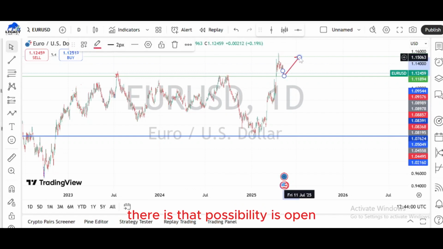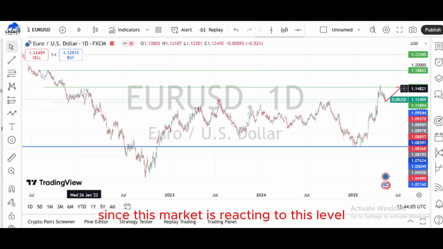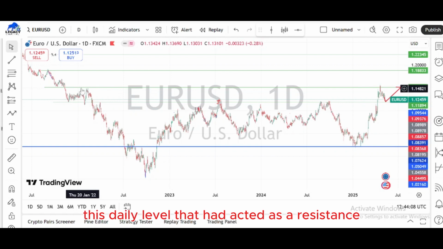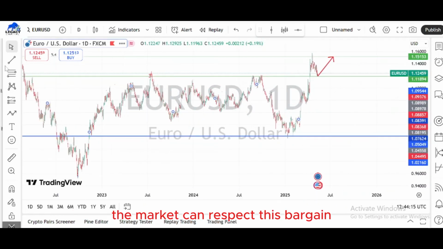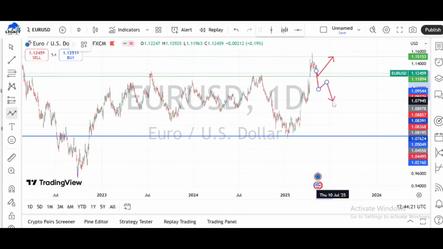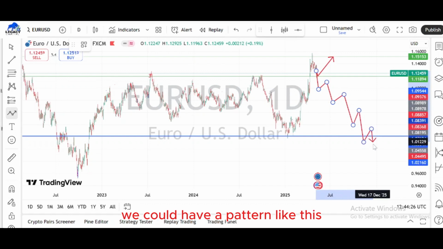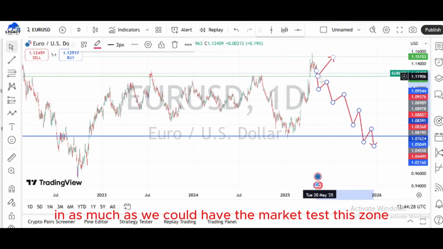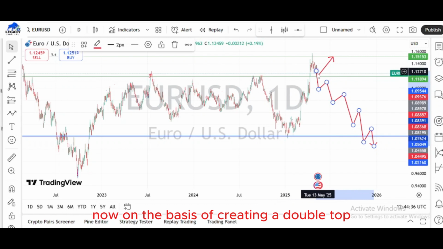And the second possibility is that since this market is reacting to this daily level that had acted as a resistance, and there was so much sellers' pressure from that zone, the market can respect this pattern and keep pushing down, maybe creating lower lows, higher lows, and so on. We could have a pattern like this, in as much as we could have the market test this zone and buy back to this zone and maybe react to this zone on the basis of creating a double top.